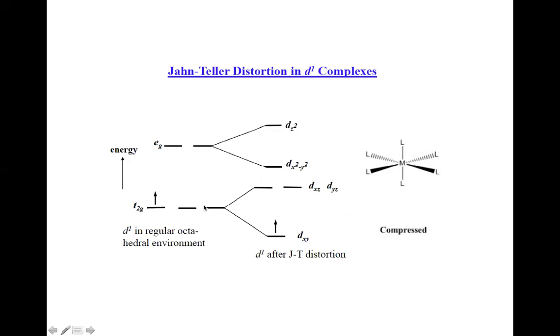And due to this kind of electronic configuration, the axial ligands will be compressed, and this will be the overall geometry of the molecule due to Jahn-Teller distortion in a d1 system.